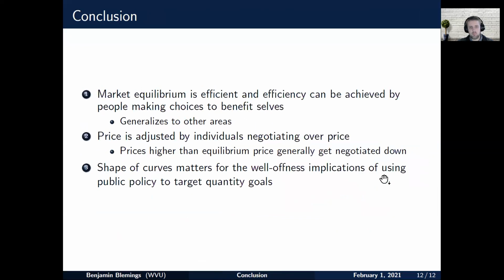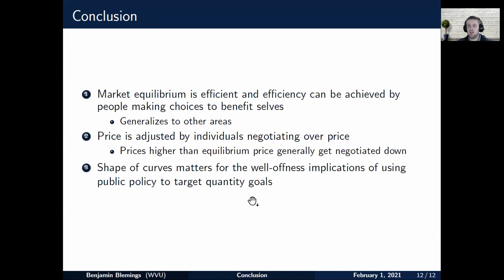So anyway, that's all I have for today. We see here, in these slides, that market equilibrium is an efficient outcome, and this efficient outcome can be achieved just by allowing people to make their own choices, and this generalizes. However, we have to take into account that externalities might interfere with this allocation process being efficient.